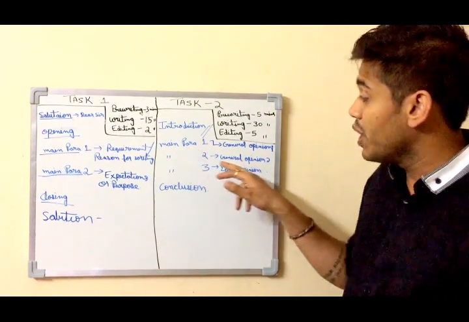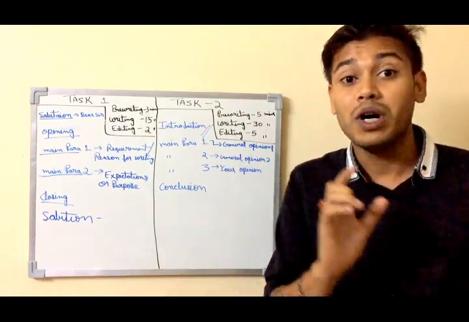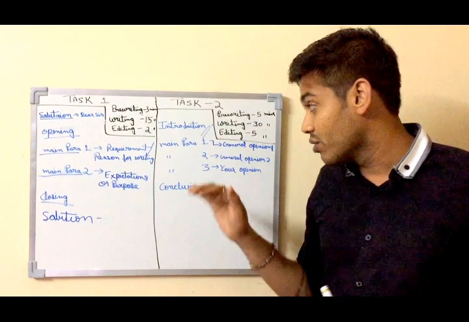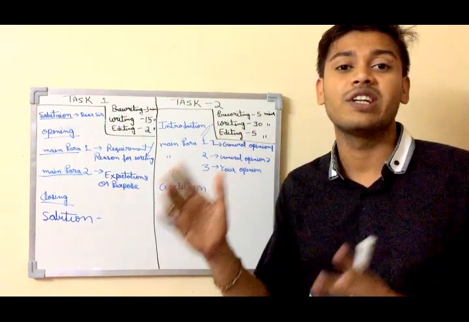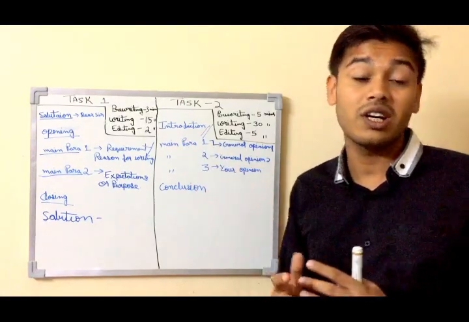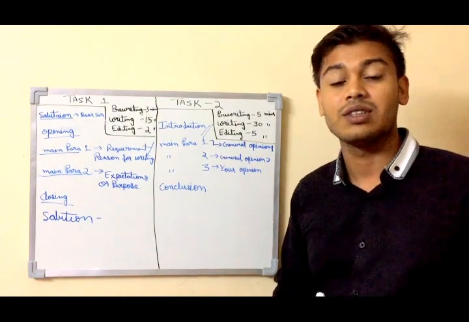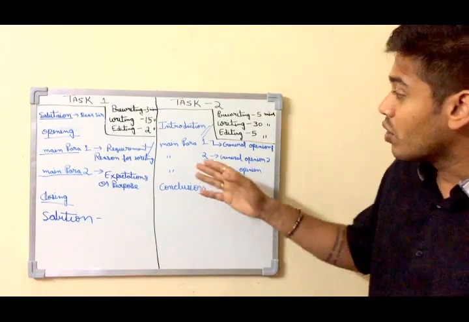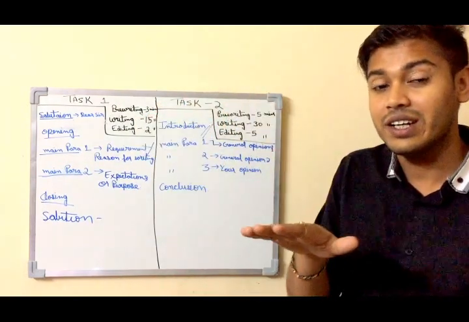Likewise you can write main para 1 with the general opinion of one group. Then in main para 2 you can write the general opinion of the other group, and you can start the second paragraph like "on the contrary". Whenever you are writing a para, if you are using a connector, it would be a very good trick for you. You can also write paragraphs like firstly, secondly, thirdly.